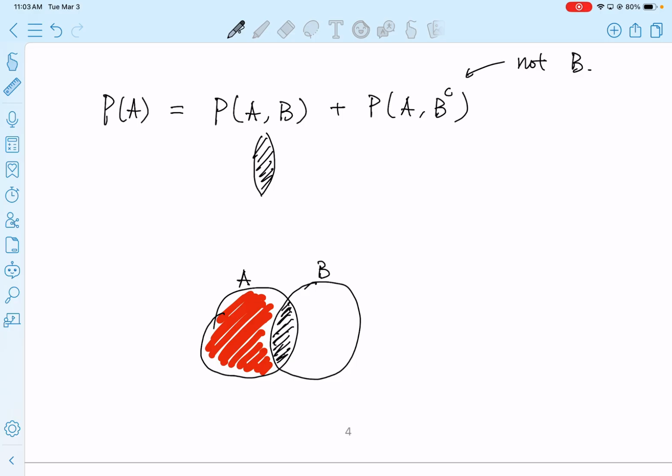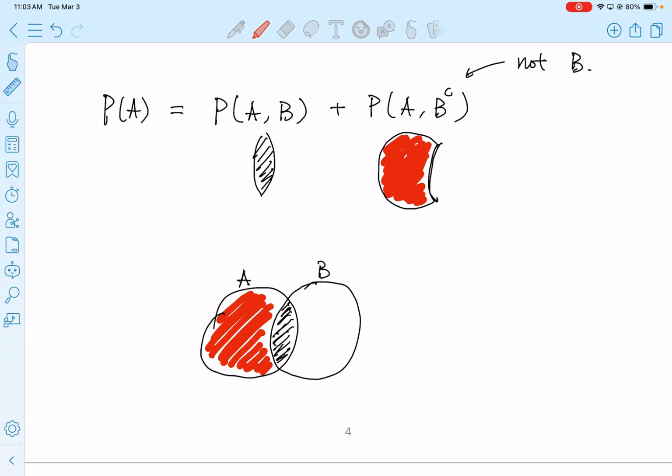So whenever it's outside the circle of B but A happens, it's the region in red. The second component is this part, removing the common region. And that gives you the law of total probability.